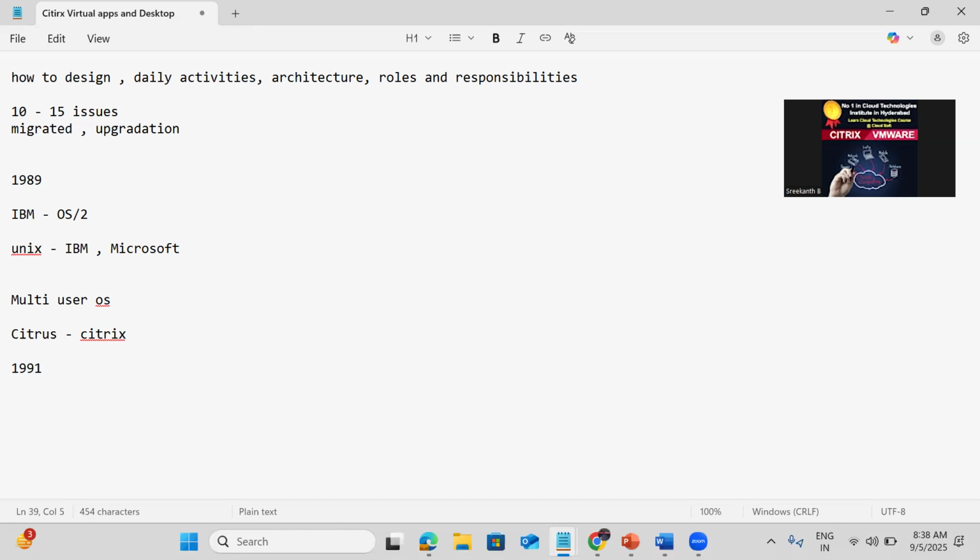Can you guess whether they got success or failure? They got failure, because OS2 was losing the market. At that time, Microsoft came with MS-DOS, a command-line operating system.